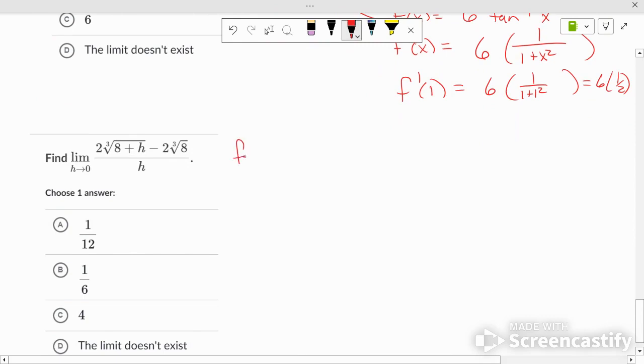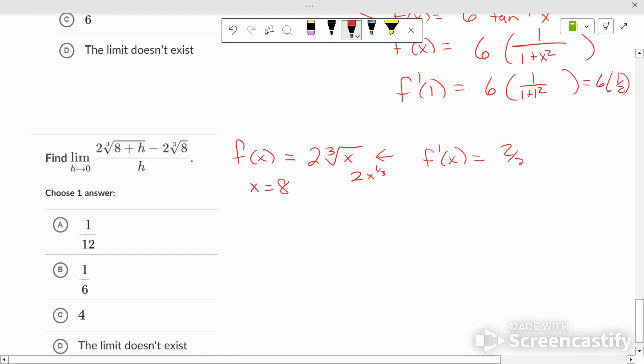So what's f of x in this one? 2 times the cube root of x, where x equals 8. That's what you got to know. How do we take the first derivative of that? Change it to 2x to the 1/3 power, right?